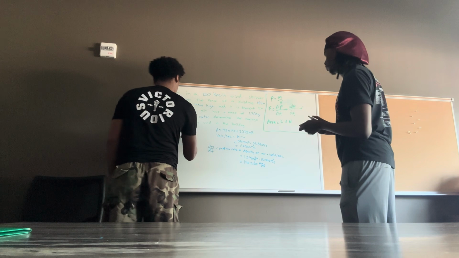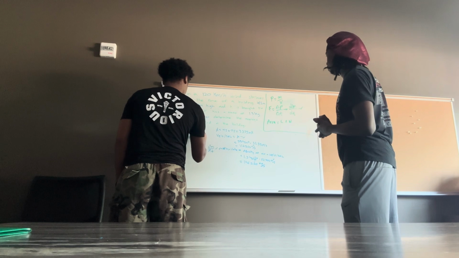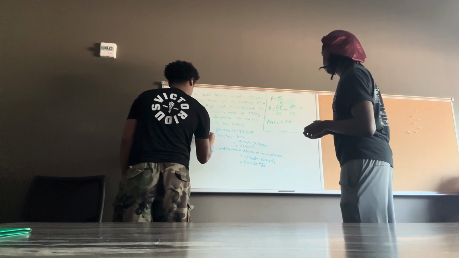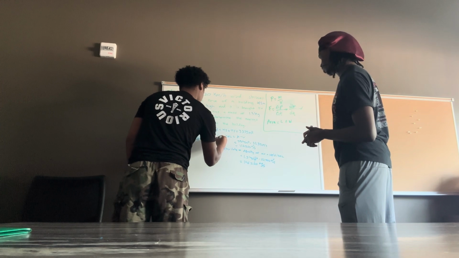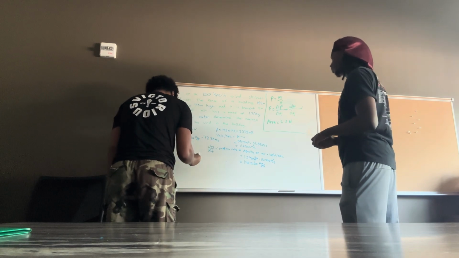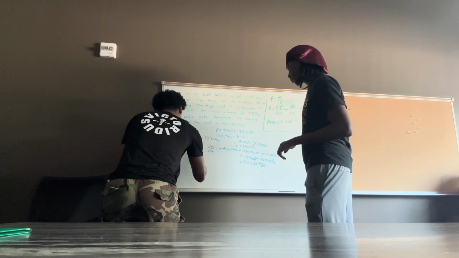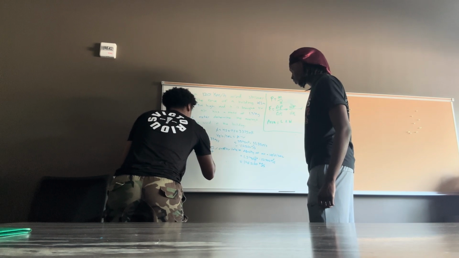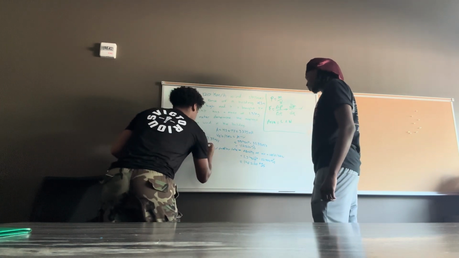So we got 146,250 kg over a second times the V, which is 33.33 meters per second. And then of course, we get our total, which is 4,875,000 kg m over s squared, which is equal to newtons.